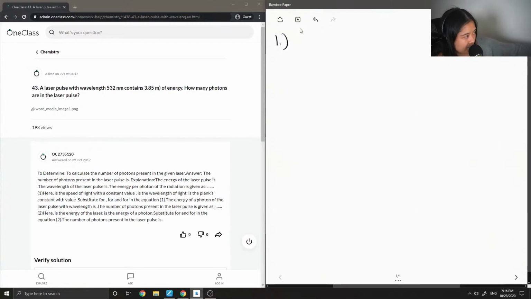Alright, so question number 1 asks, a laser pulse with wavelength 532 nanometers contains 3.85 millijoules of energy. How many photons are in the laser pulse? So first I'm just going to write down everything that I know.